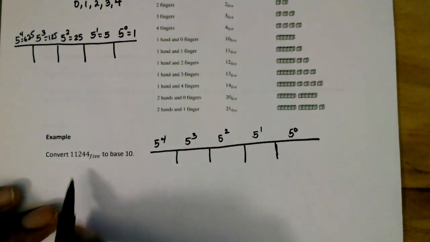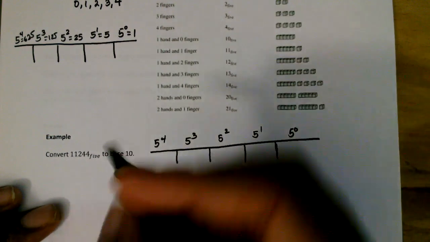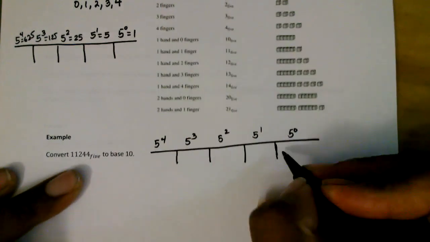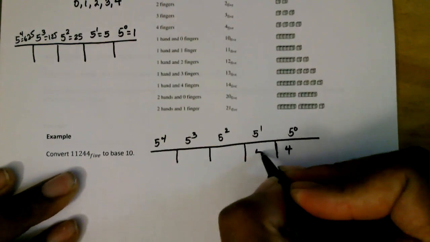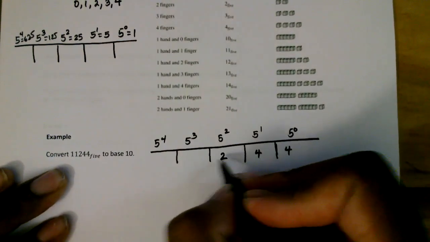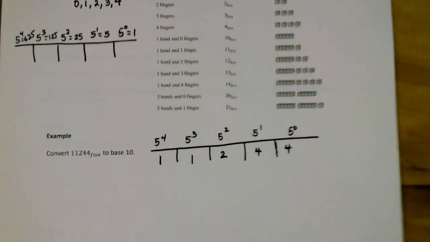And I want to fill in these numbers using this base 5 chart. So I know the 4 will have to be on the end, then the other 4 in front will be here, then the 2, then 1, and then 1.